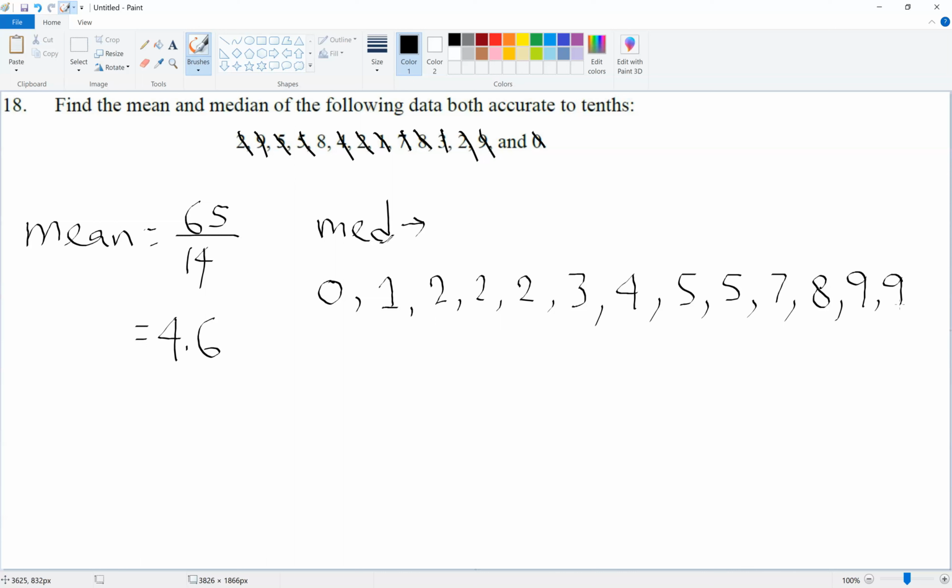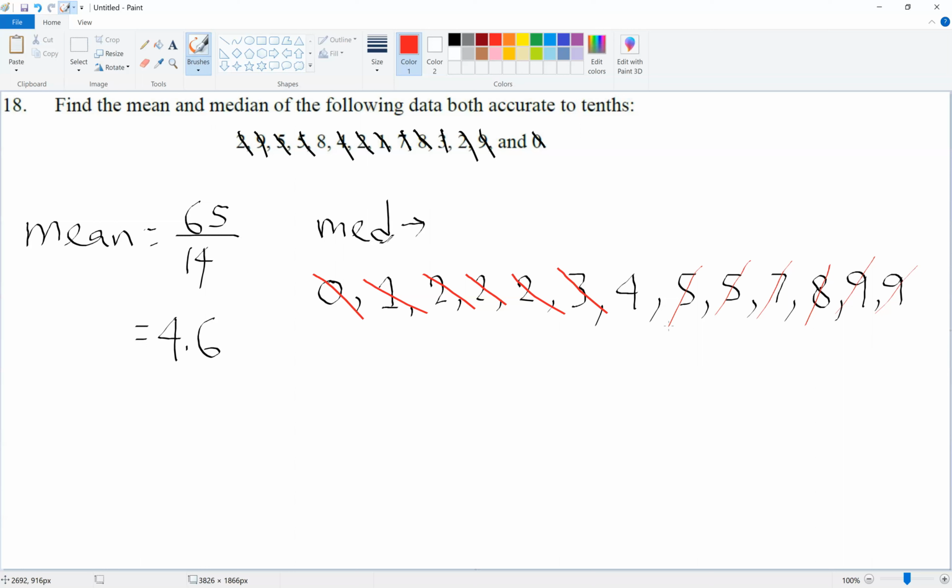And then what do you do, Gitika? I crossed each one from each side until I went to the middle. You forgot an 8.